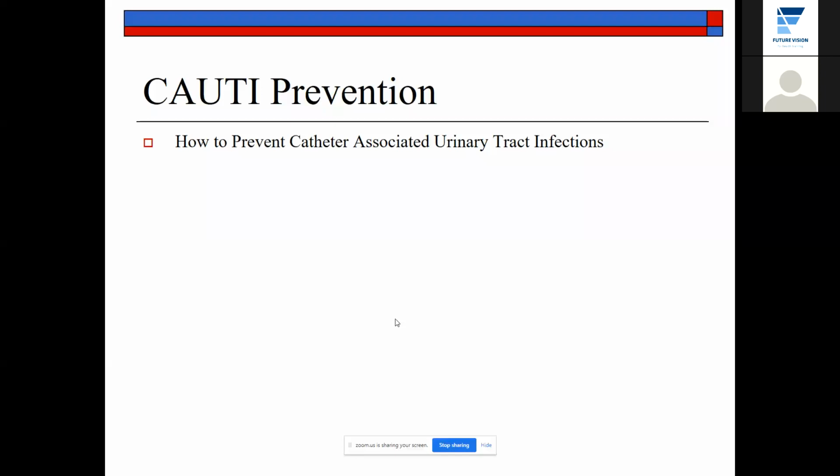NGT OGT central line فوليس كاتيتر endotracheal tube tracheostomy tube.